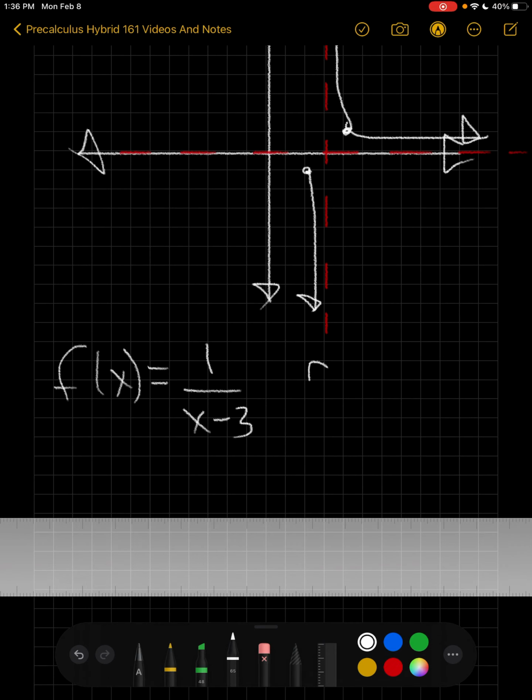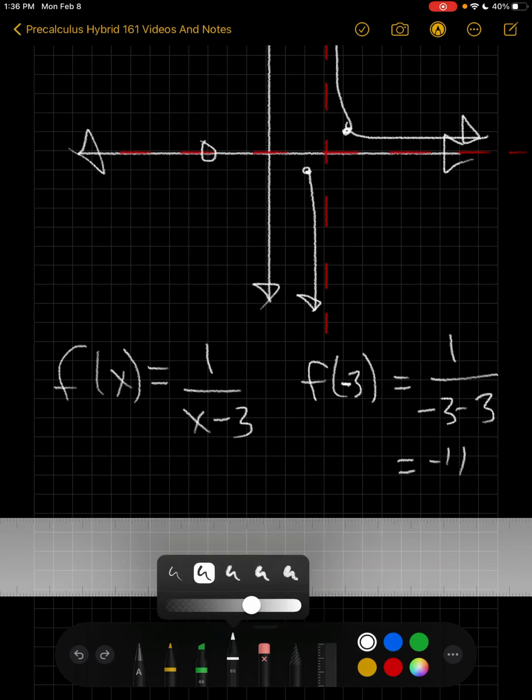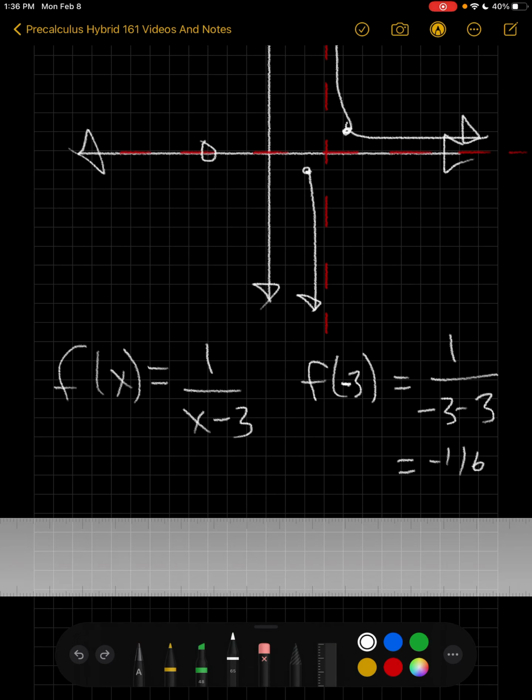If I plugged in that value of negative 3, where our domain restriction is, I would get 1 over negative 3 minus 3, and that would give me about negative 1/6. That's not in the domain of our function, though. So what we do is we go to that point, negative 3 and about negative 1/6.